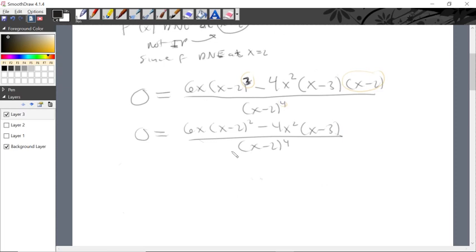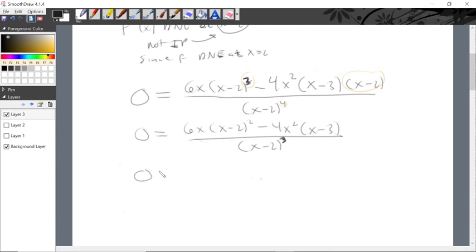Now, the numerator does not equal 0 when x equals 2. The first term does, but the second term does not equal 0. So the numerator does not have a factor of x minus 2. This is x minus 2 to the third in the denominator. So, since the numerator does not have another factor of x minus 2, there's no removable discontinuity type here.